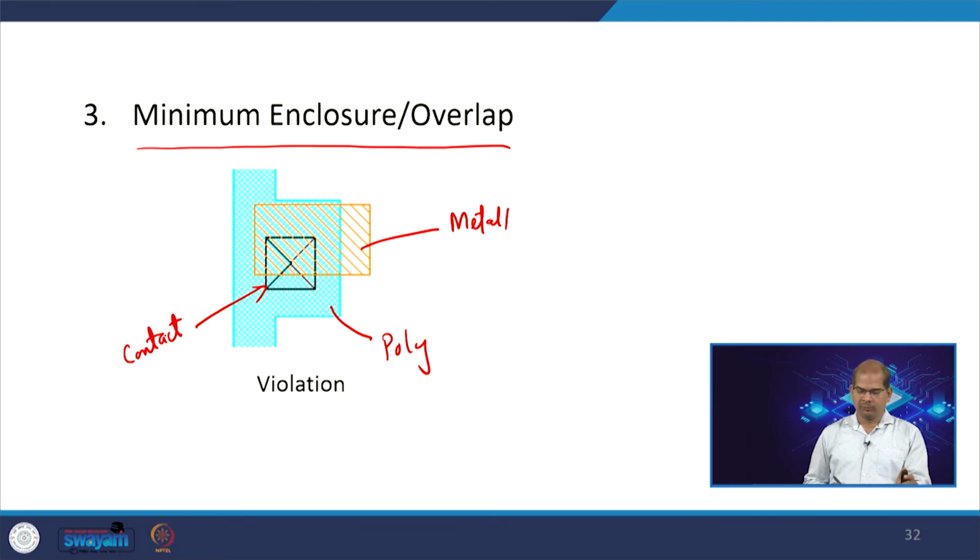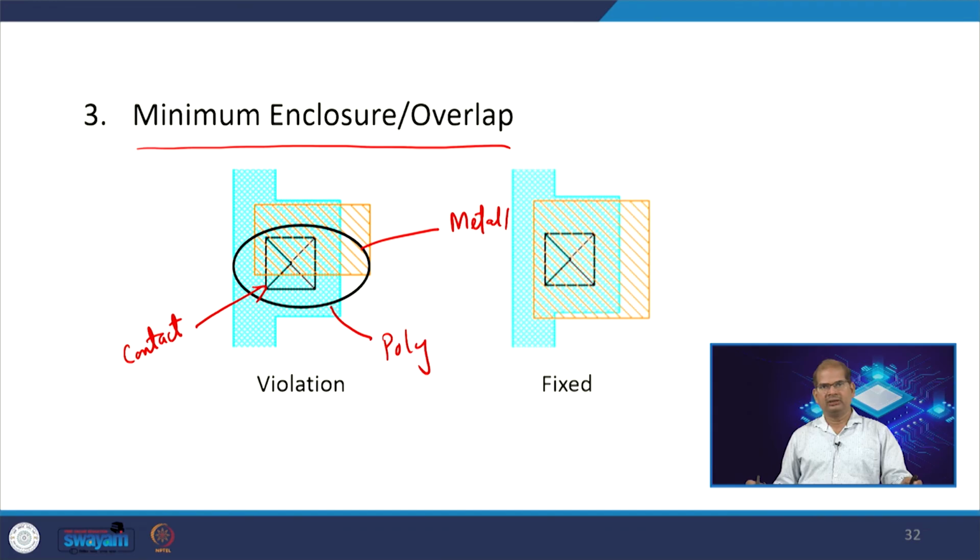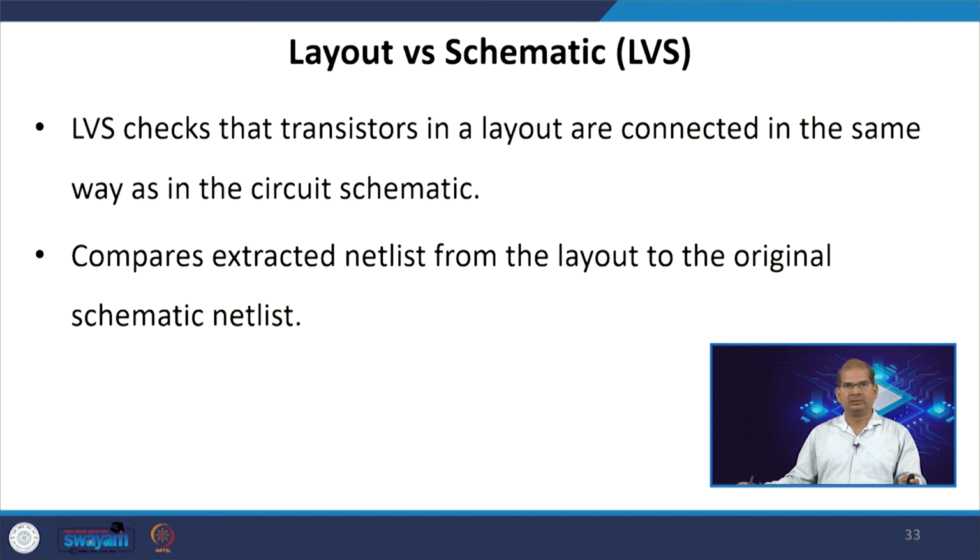If your poly is connected to metal one through a contact, and the metal one is not covering the contact completely, it will show an error here. Basically, the metal one enclosure is not sufficient, so we need to solve it by moving the metal one and completely covering the contact.